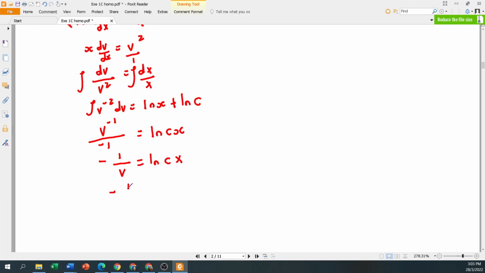Okay, replace back, v is actually y over x, equal to ln cx. So this will become negative x over y equal to ln cx. Okay, and then you want y.